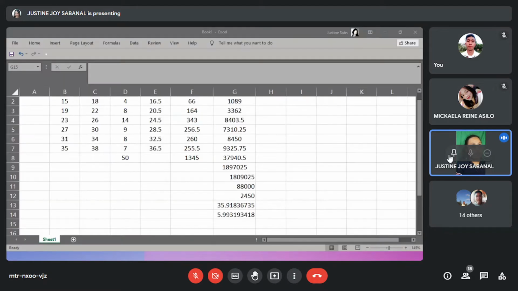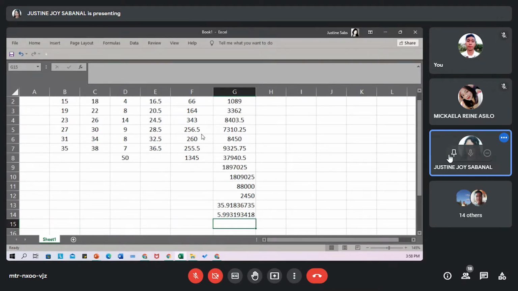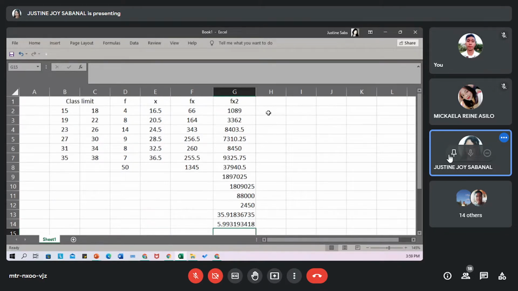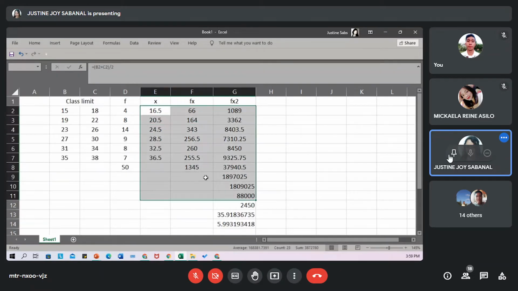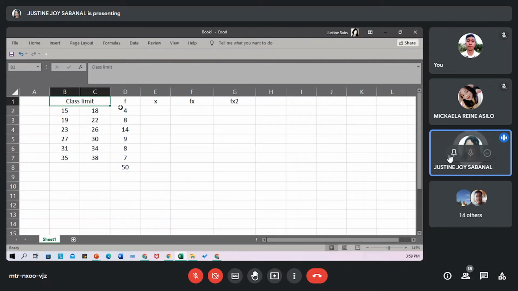So, for the solution po of this example, ito yung class mark, ito yung class limit, class frequency. Paano nga uli natin kinukuha yung class mark?